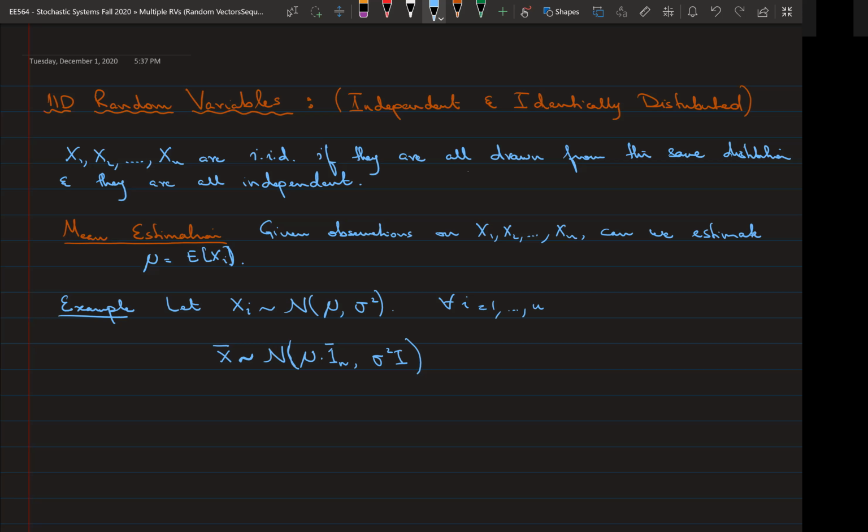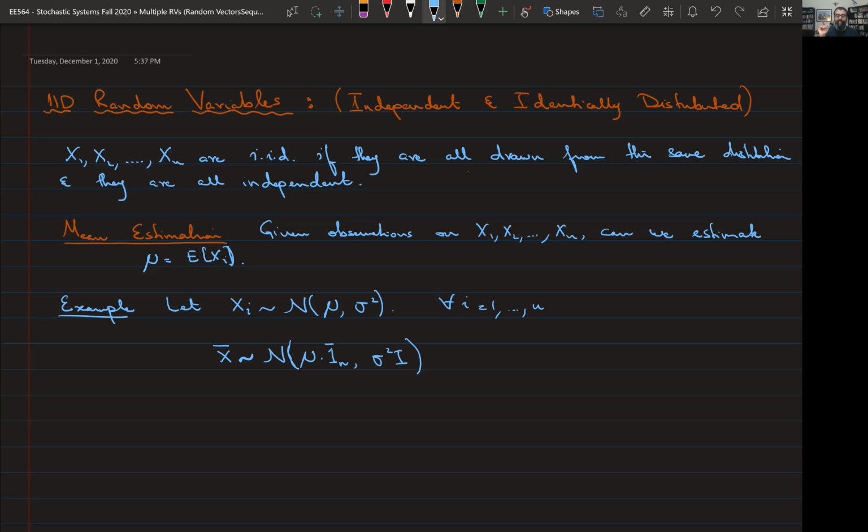And that means independence. That means independence, right? And not only that, all of the diagonal entries of the covariance matrix are exactly the same. They're all sigma squared. That means the variances are the same for each and every one of the random variables. And what this mu times 1n means, this is actually a column vector and each and every one of the elements of the column vector is equal to mu.